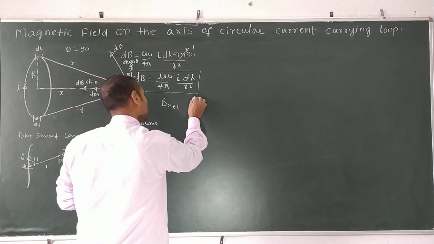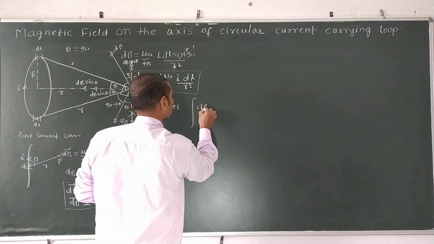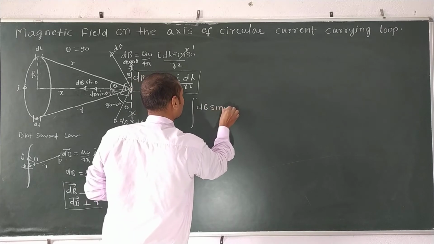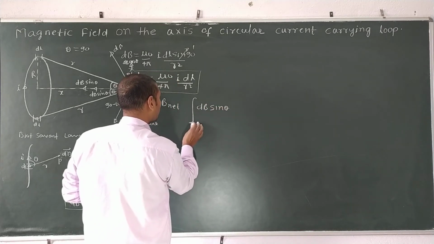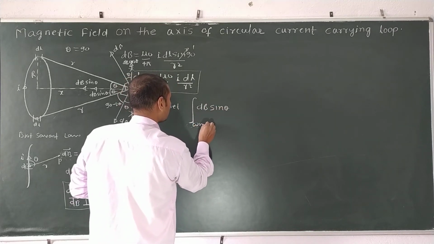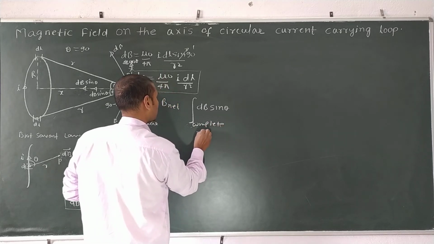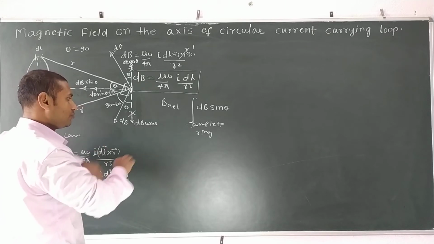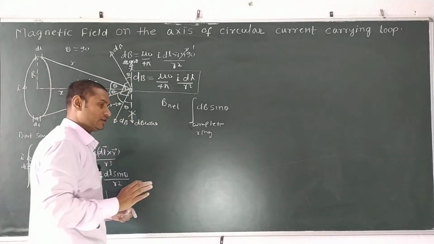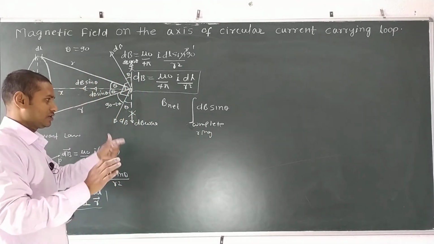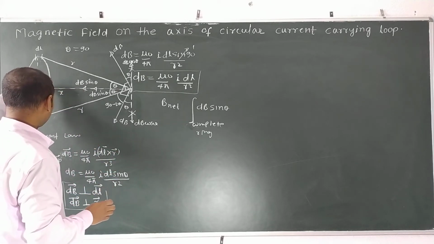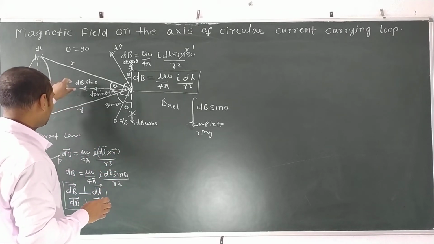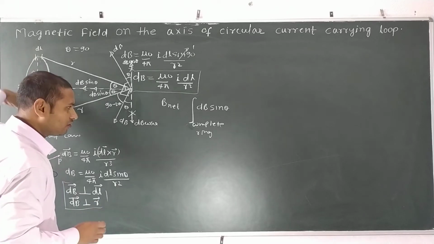we integrate that dB sin theta for the complete ring. Only one time we will take it; we will not add dB sin theta plus dB sin theta. If you add dB sin theta, then we will integrate for only half the ring, so we take only dB sin theta and integrate for the complete ring.